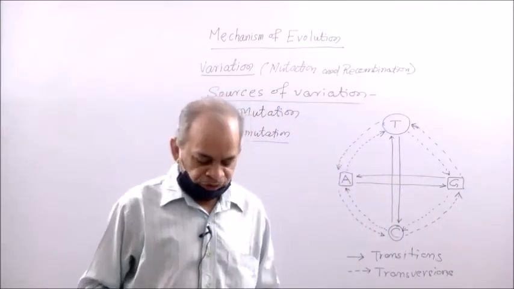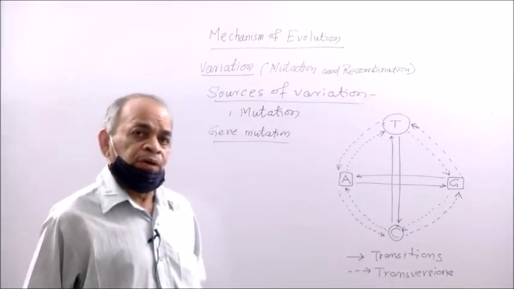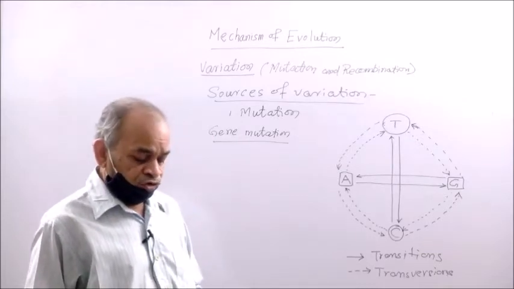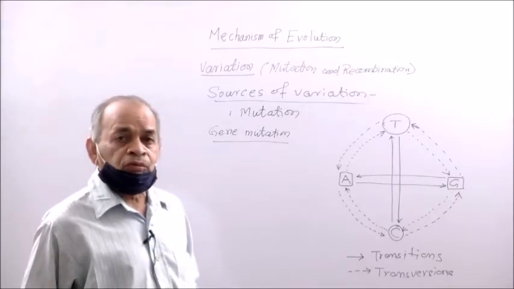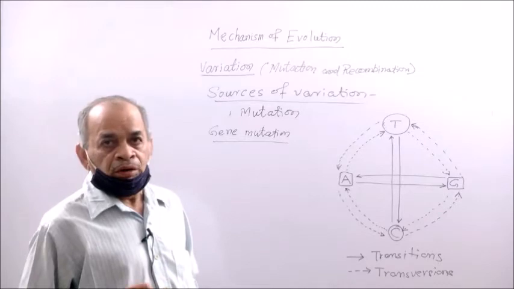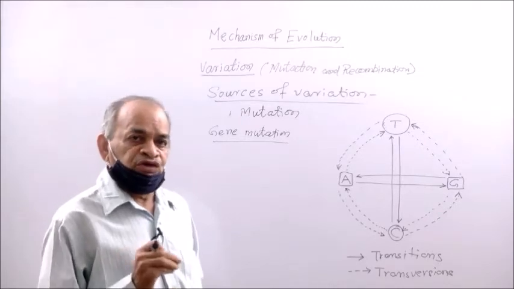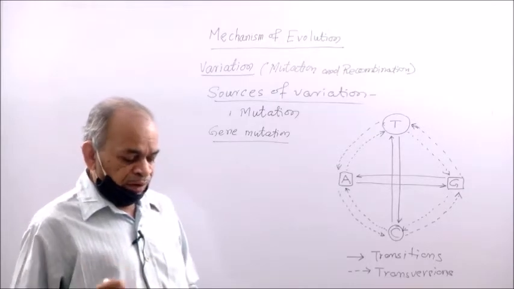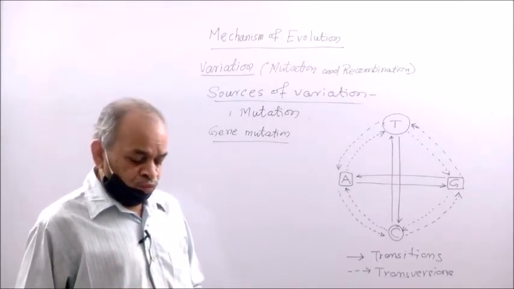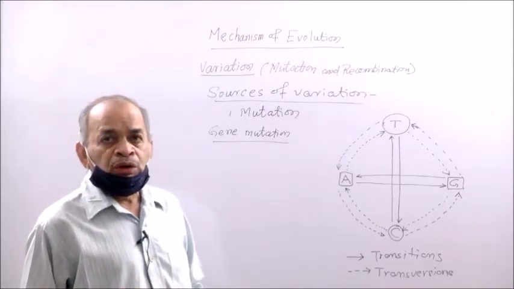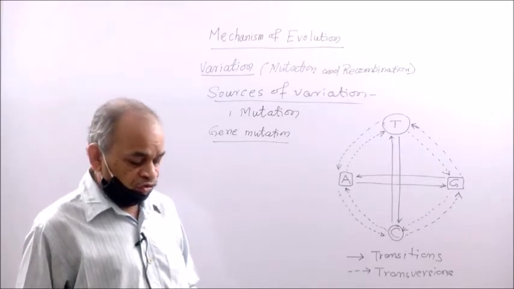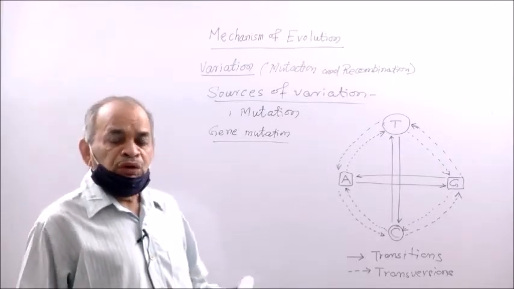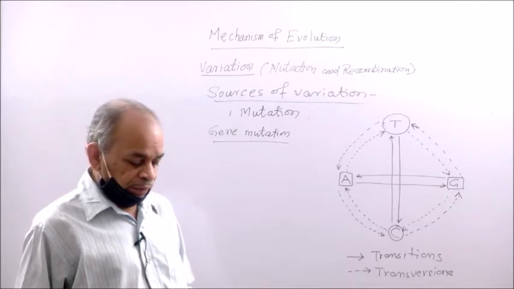Gene mutation is defined as changes at DNA level, because the chemical composition of a gene is DNA, which affect nucleotide structures of a gene. So the nucleotide structure is affected here.